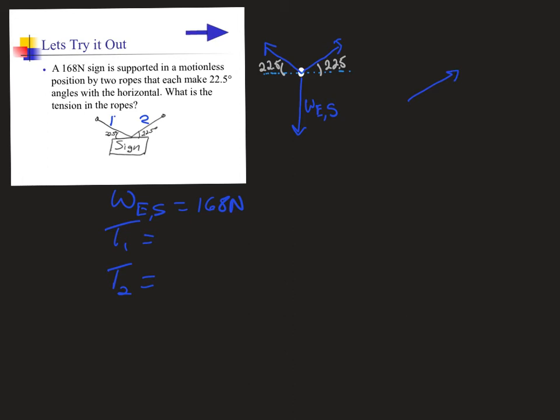That's going to be 22.5 degrees. We can then add the other magnitude, which should also be at 22 degrees.